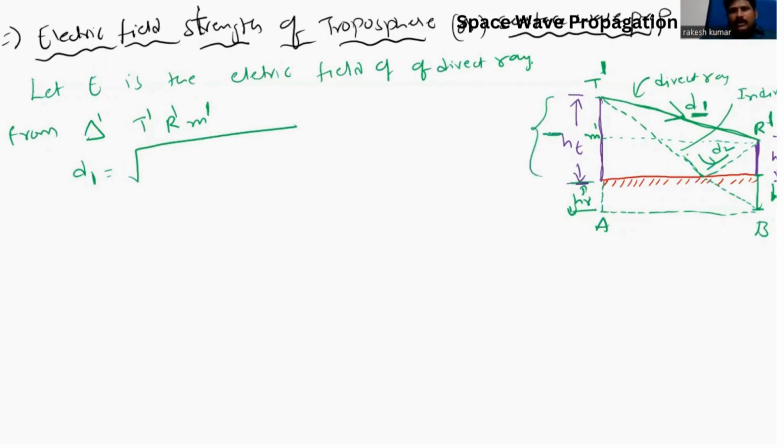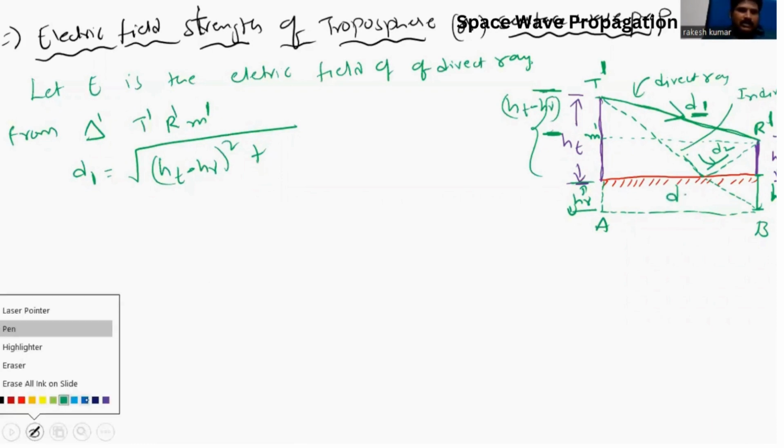What about this height here? From here to here the height is HT minus HR. So HT minus HR whole square plus, let us consider the separation distance between the transmitting antenna and receiving antenna is D.